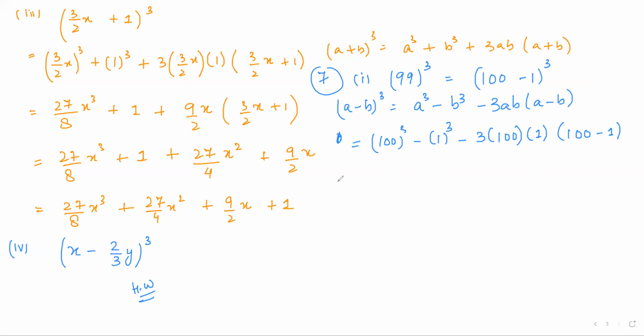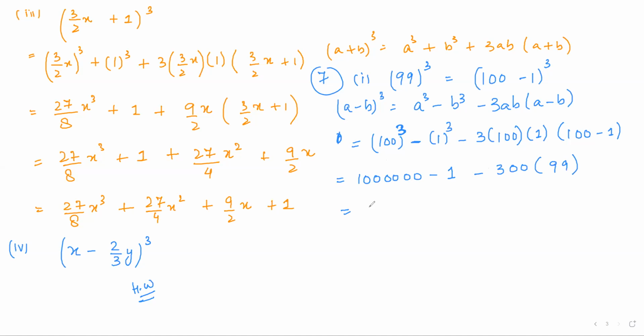Now see, because you have to take cube, that's why we bring it into 100 and something, because taking cube or square of 100 is very easy. So you just put 6 zeros, 1, 2, 3, 4, 5, 6, right? Minus, this is 1. This becomes 300 into 99, right?